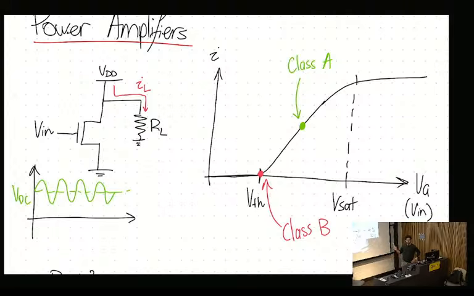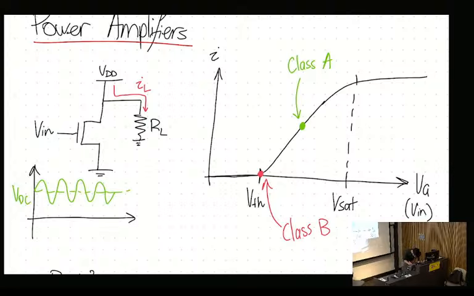So would this be more or less linear than class A? Less linear, because I'm starting at a state that is off and I'm flicking between on and off. That is highly nonlinear. But it's very efficient because we're only on for half of the time of operation, as opposed to class A.